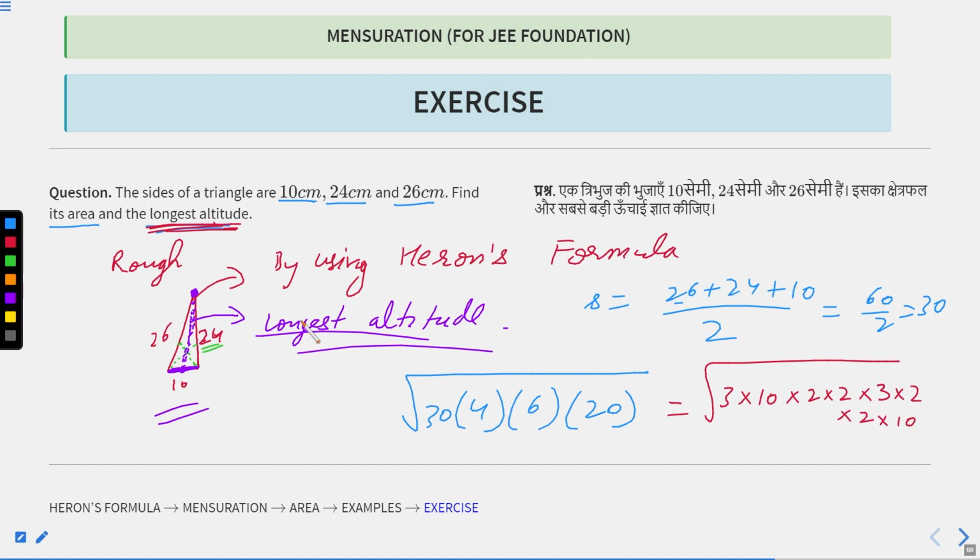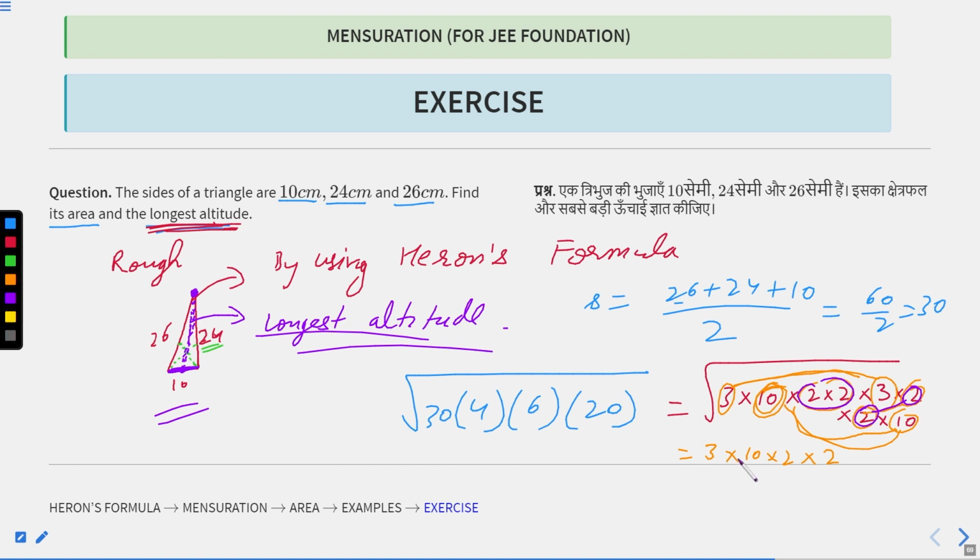If you see, there is one pair of 3, 2 pairs of 2, and 1 pair of 10. So from each pair I can take one number out, and there will be nothing left inside the root. So my value is 3 times 10 times 2 times 2. So 3 from this pair, 10 from this pair, 2 from this and this pair.